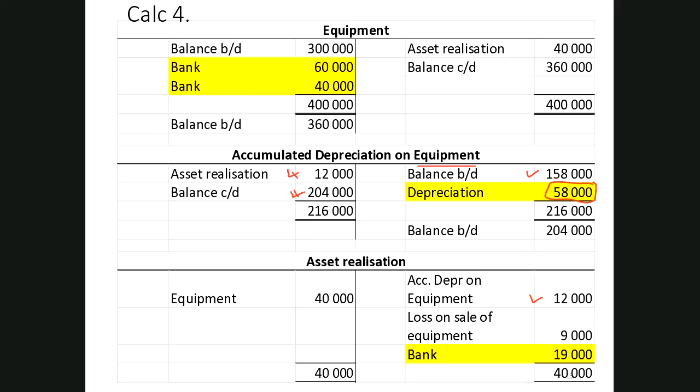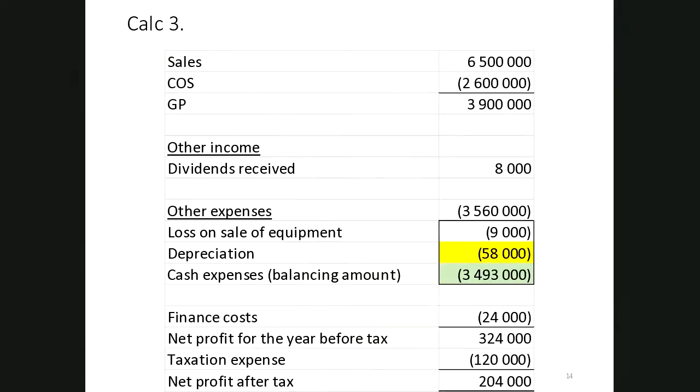The entry would have been debit depreciation, credit accumulated depreciation. So I took the 12 plus the 204, it gave me 216,000. I subtracted 158,000, and that gave me the 58,000 depreciation that I needed to be able to then work out what are the non-cash flow items so that I could subtract them from the total expenses to get to the actual cash expenses for the year. Okay. Refilwe, I hope that's okay.